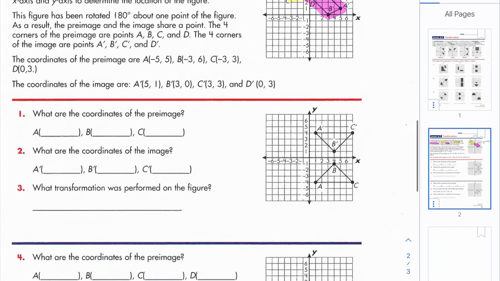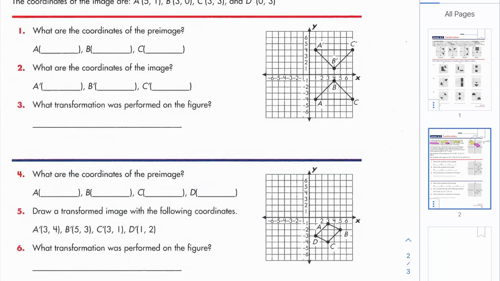Now let's discuss the examples at the bottom. The first section is wanting you to look at the graph on the right to determine what the coordinates of the pre-image are. The second question is wanting you to determine the coordinates of the image. Remember that coordinates are just the numbers that tell the location of your point.